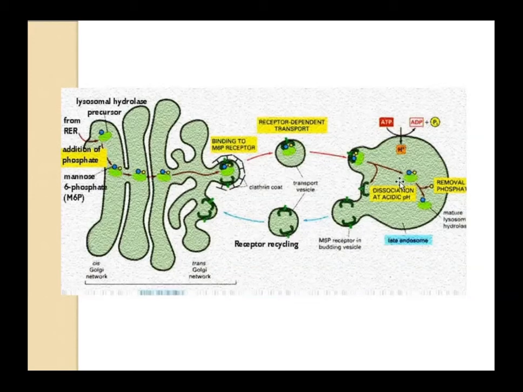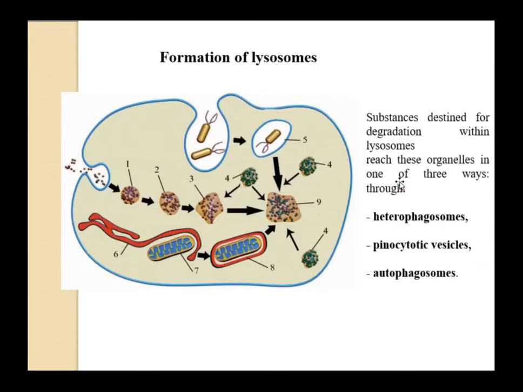But we have to know that the final lysosome, or secondary lysosome, here number 9, may be formed not just by the first way that we can see here, pinocytosis, endosomes, late endosome, and primary lysosome. There are two additional ways.